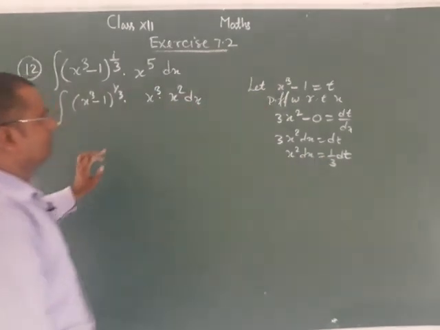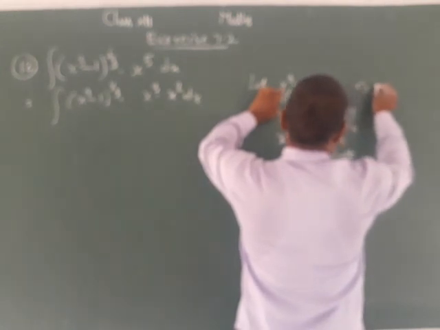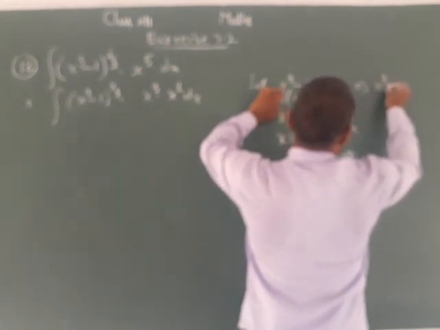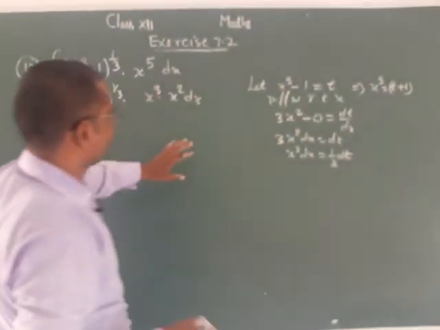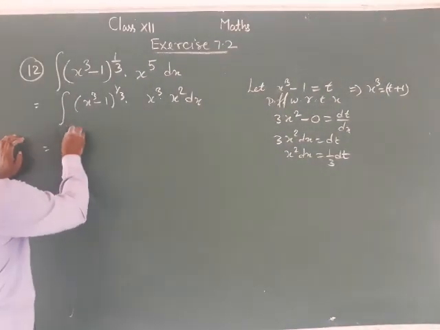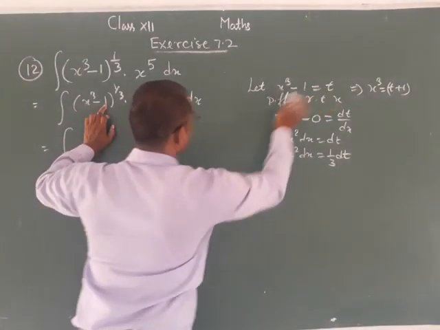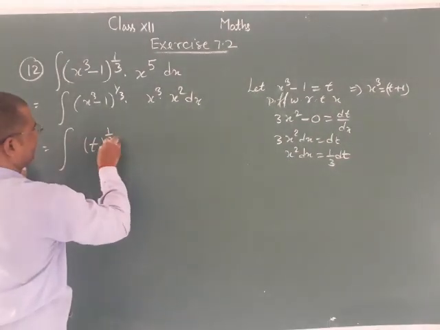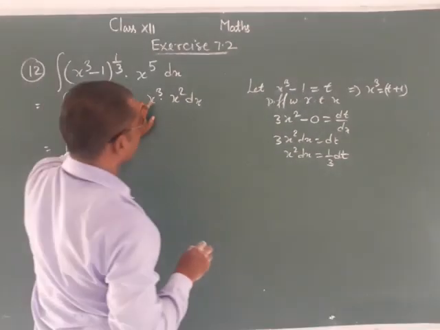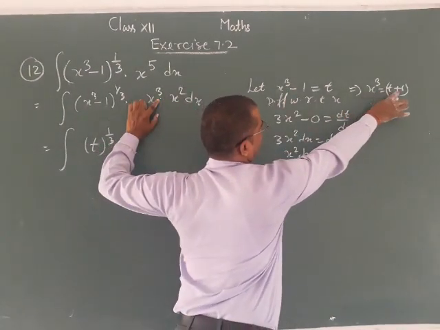Now replace this value, and also we can write x cube is equal to t plus 1 also. So x cube minus 1 is equal to t to the power 1/3, and x^3 is equal to t plus 1.